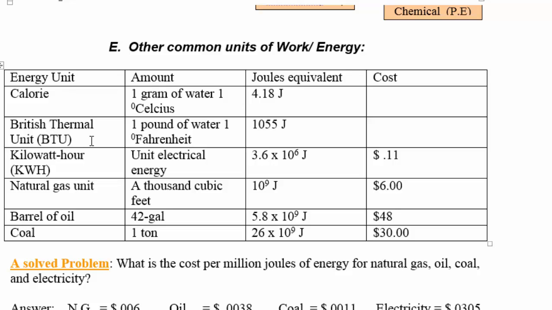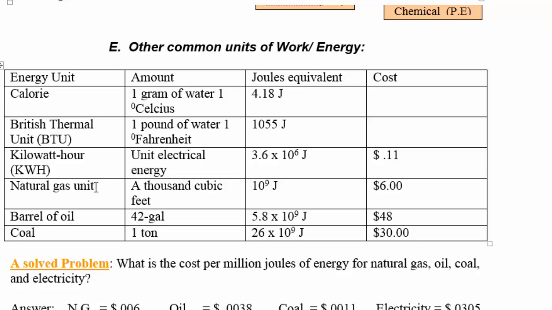BTU, or British Thermal Unit, is the energy needed to raise the temperature of 1 pound of water by 1 degree Fahrenheit, and it's equivalent to 1055 joules. It's a little bit more than 1 kilojoule. Kilowatt hour, which is the unit that the electric company uses to charge us, is equivalent to 3.6 times 10 to the power 6 joules.